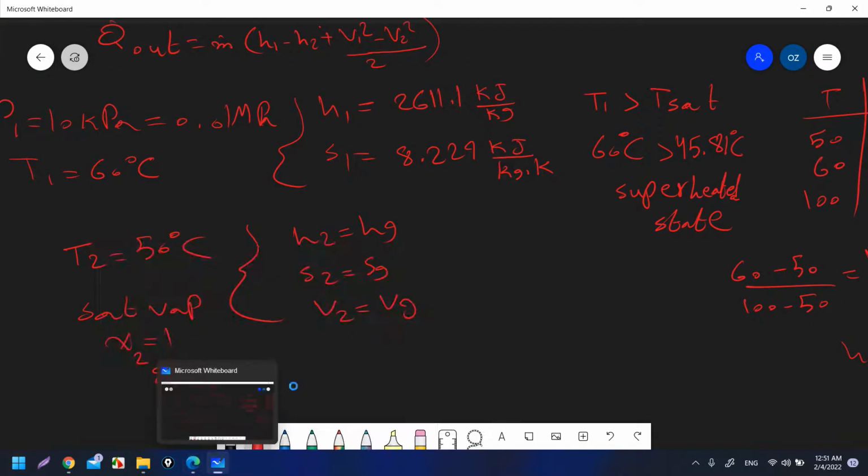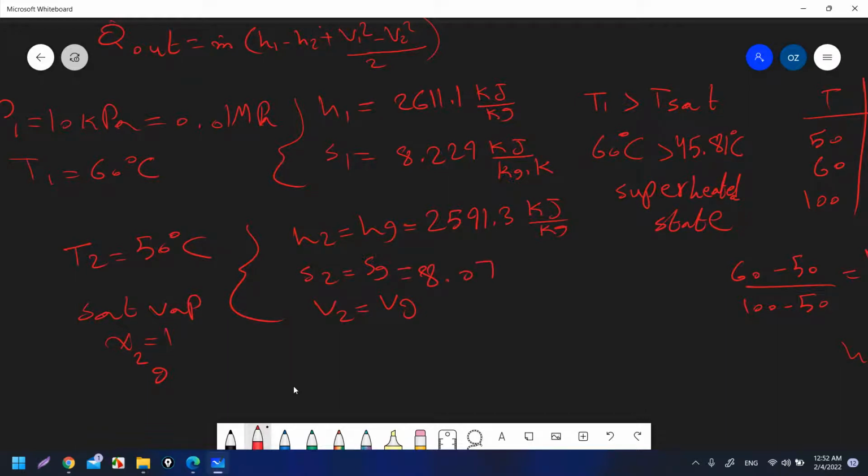So H2 equals Hg equals 2591.3 kilojoule per kilogram. Sg is 8.0748 kilojoule per kilogram Kelvin, and the specific volume is 12.026 meter cubed per kilogram. Okay, now I got everything.